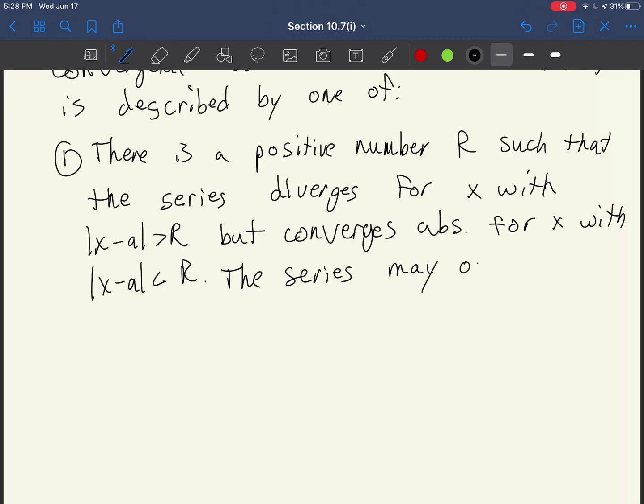And then the series may or may not converge at x minus a equals r. May or may not converge at the endpoints.